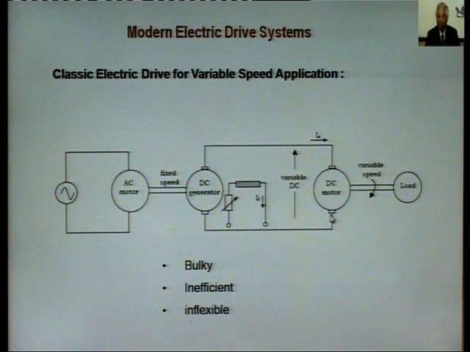The DC motor will run at variable speed and is accordingly attached to the load. So, the load gets different speeds with the help of this DC motor. Some of these are very bulky in nature, quite inefficient and inflexible too. So, this is all about the classic electric drive for variable speed applications.